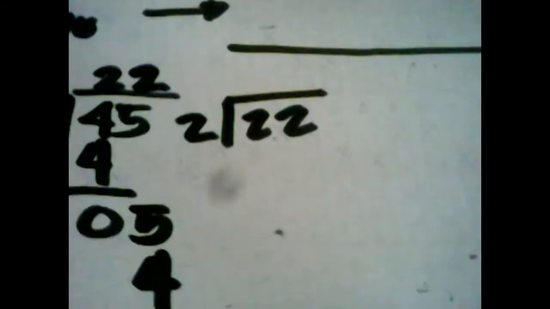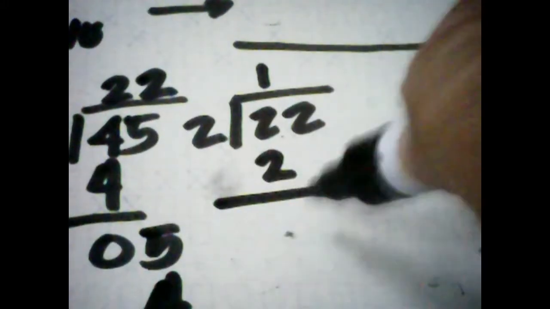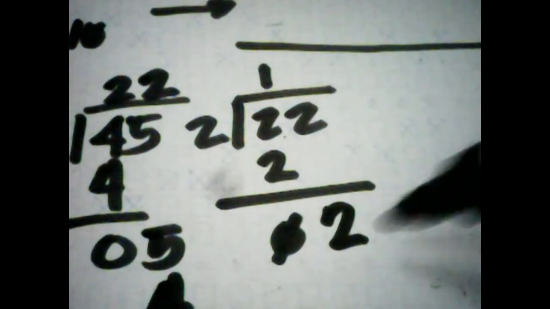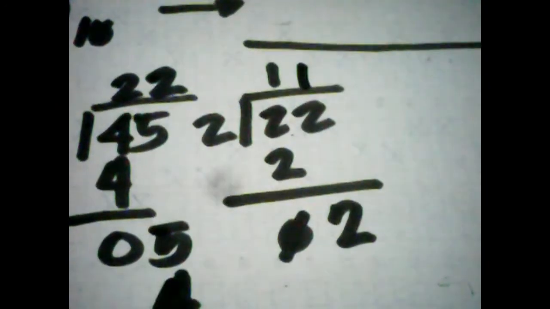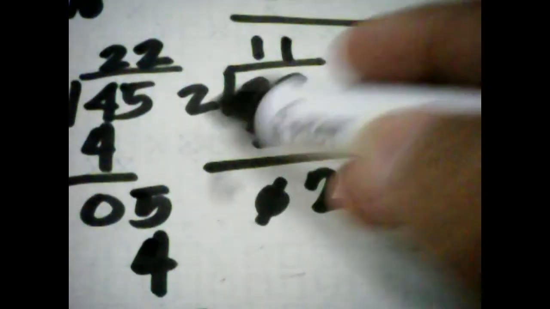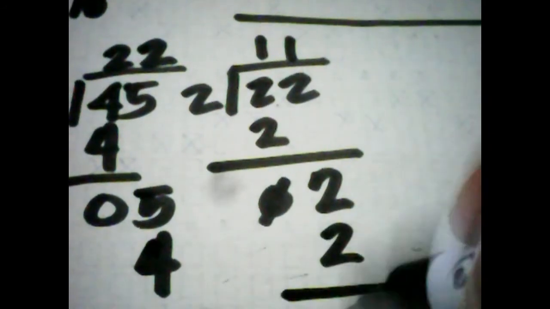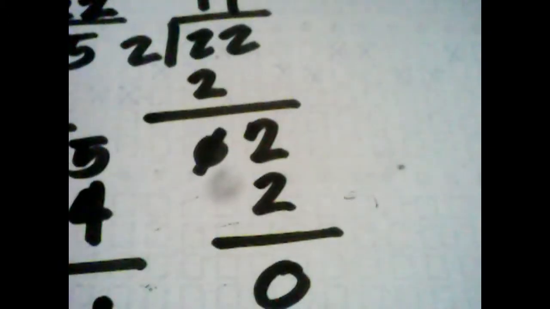Again, we are going to divide 22 by 2. So we have 1, a product of 2, and a difference of 0. We bring down 2. 2 will be divided by 2, so we have again 1, and 2 and 1 will have a product of 2. And the remainder or the difference is 0.